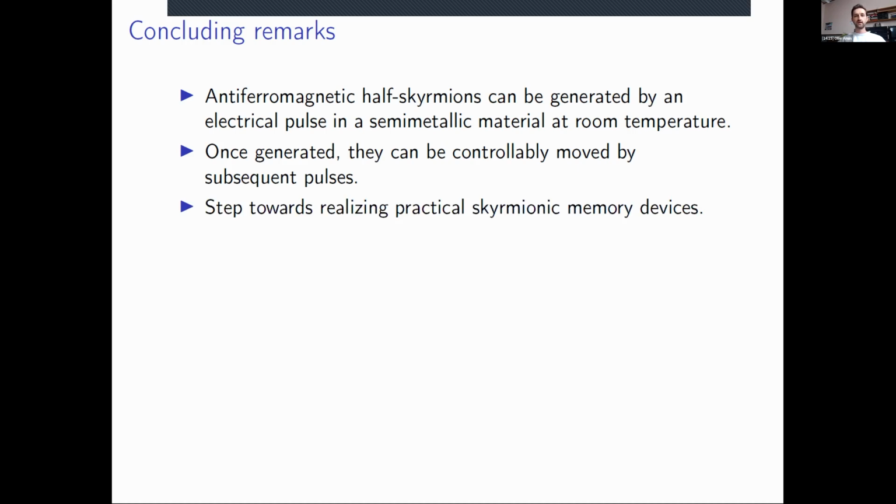And we see this as a crucial step towards realizing practical skyrmionic memory devices, as up until this point, there's only been one conclusive example of these type of structures being present in any other antiferromagnetic material at all, let alone being controlled with electrical pulses.